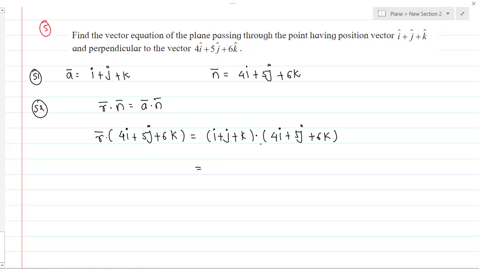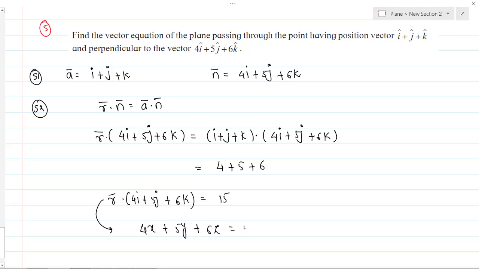If you open the bracket, I will be having 4 plus 5 plus 6, so 4 plus 6 is 10 plus 5 is 15. So this is the required equation, r bar dot 4i plus 5j plus 6k equals 15. Okay, so this is the vector equation. How will we write its Cartesian equation? This will be 4x plus 5y plus 6z equals 15.